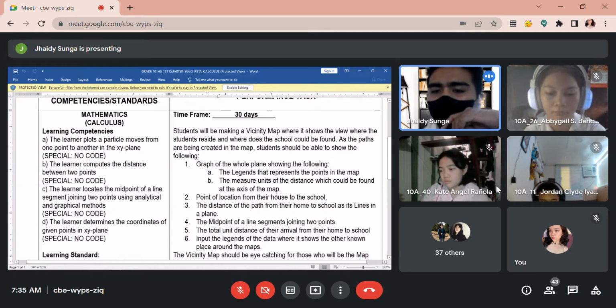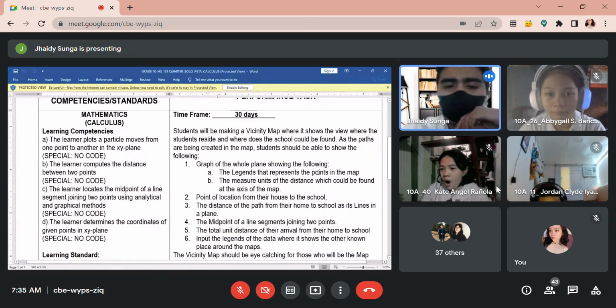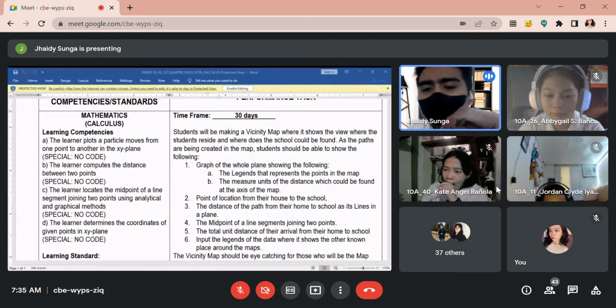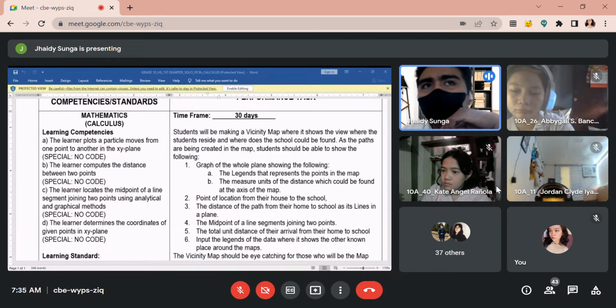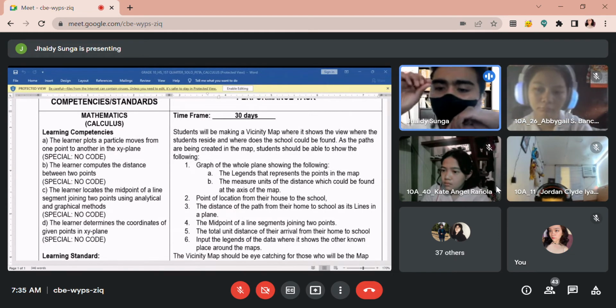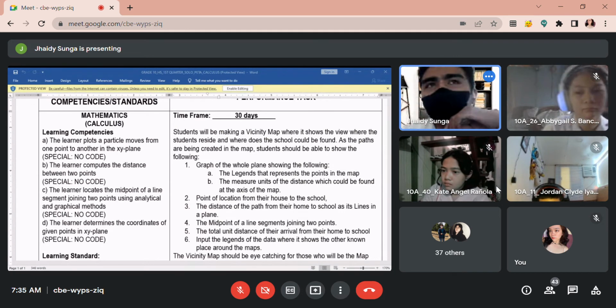As for the points, you could simply point a location. For example, you will be pointing your house and the school, as well as some places. For example, Alpha Mart, you will be pointing that one. You will make a point. And what else?